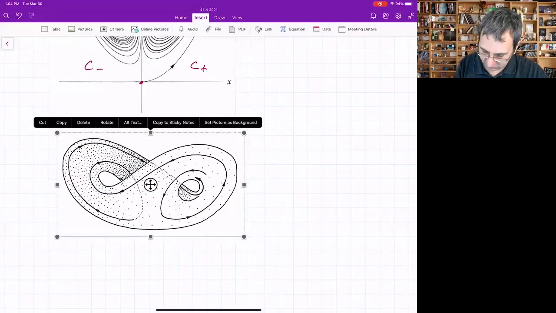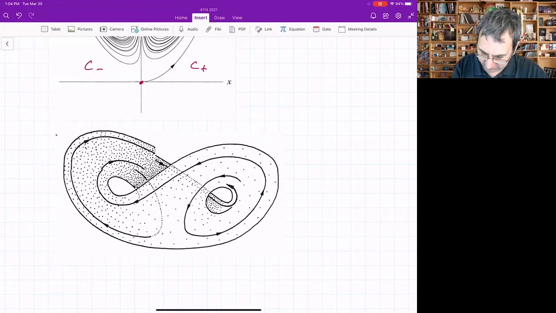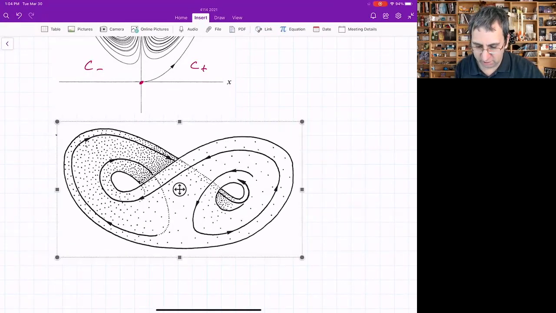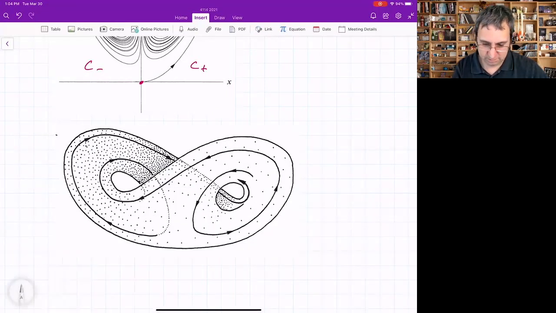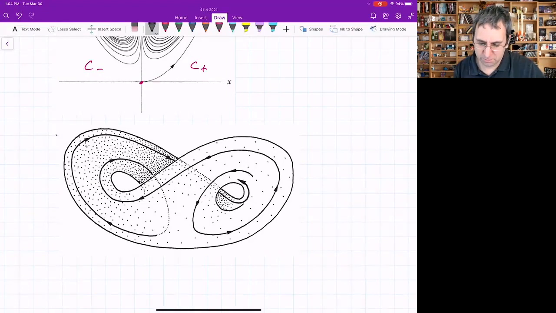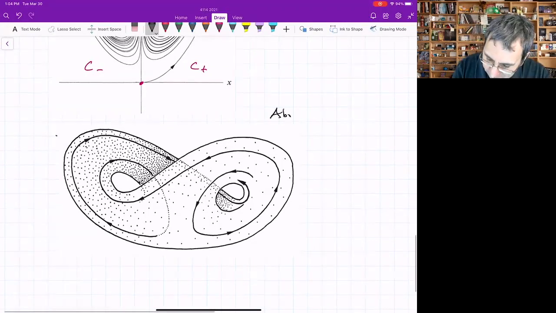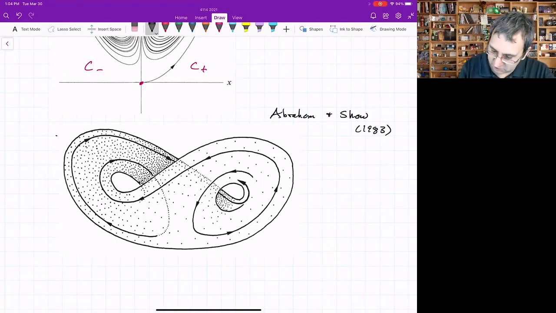So this is just a sketch. This makes it look like it's some two-dimensional thing that folds back on itself. It's not quite two-dimensional like that. It sort of reminds you of a weird Mobius strip. This is just an artist's depiction of what things seem to be doing. This is from Abraham and Shaw. The Lorenz attractor, it's been called.